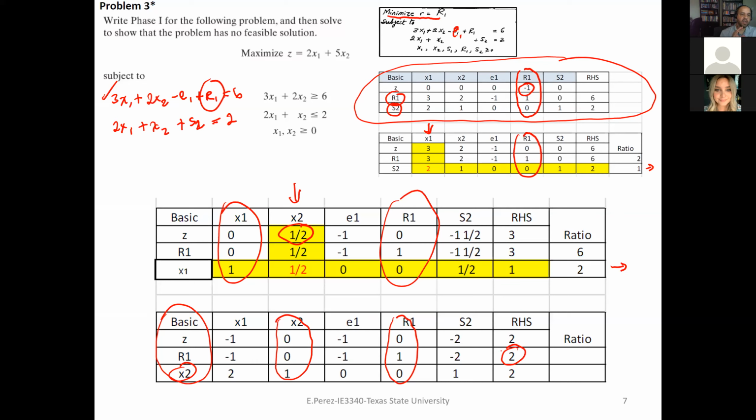When variables are non-basic, they're always equal to 0, right? But if they are basic, then they assume the values shown in the tableau. If we end phase one with a basic variable that is an artificial variable, then most likely this problem is infeasible, has no feasible solution.